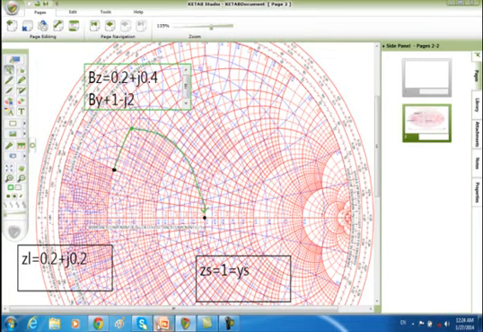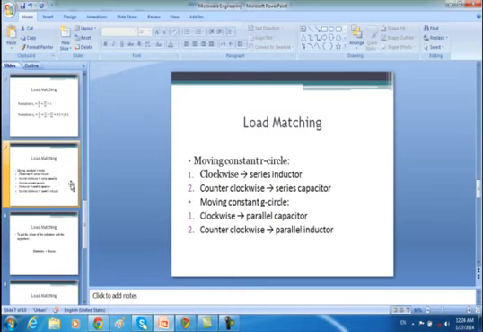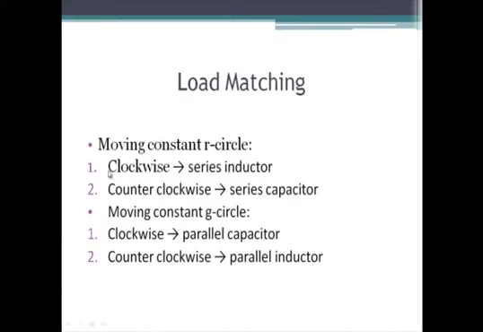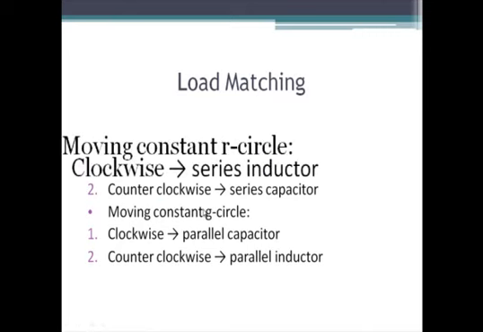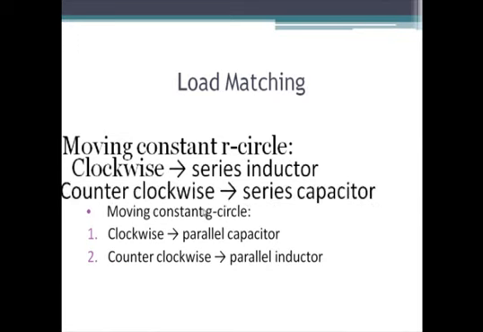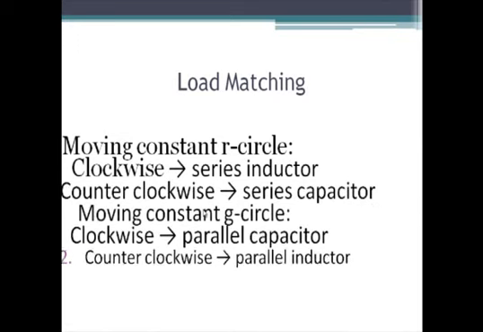In this rule we can see that if we are moving along a constant R circle in the clockwise direction, we are adding a series inductor, and in the counterclockwise direction we are adding a series capacitor. But if we are moving along a constant G circle, we are adding a parallel capacitor in the clockwise direction and a parallel inductor in the counterclockwise direction.